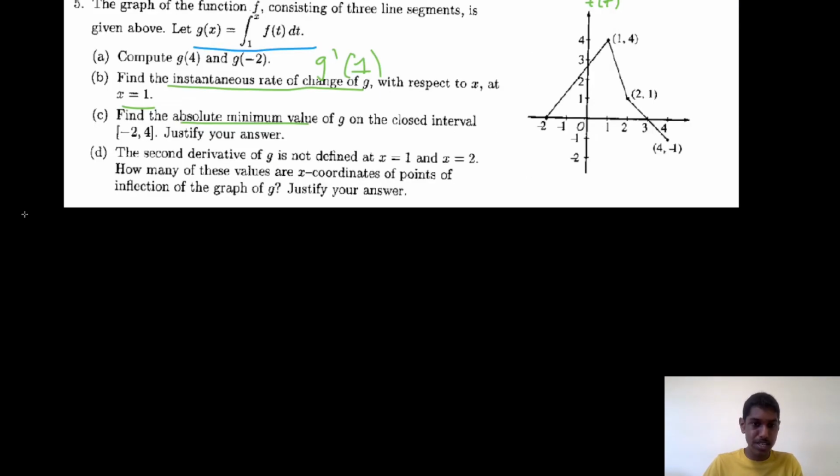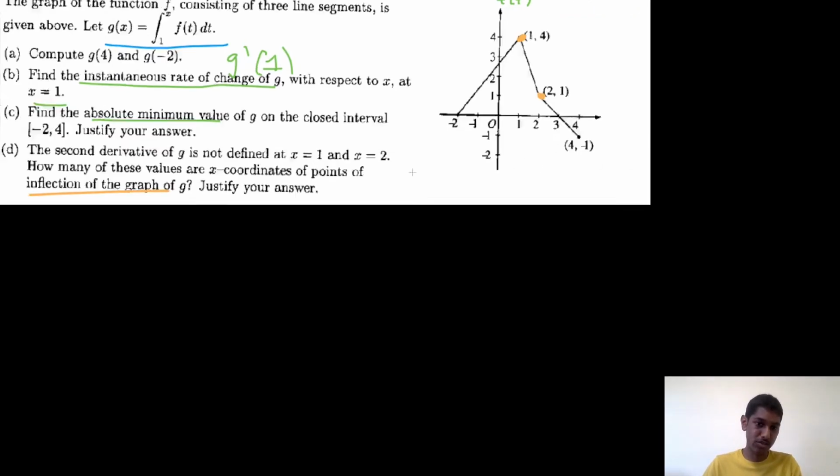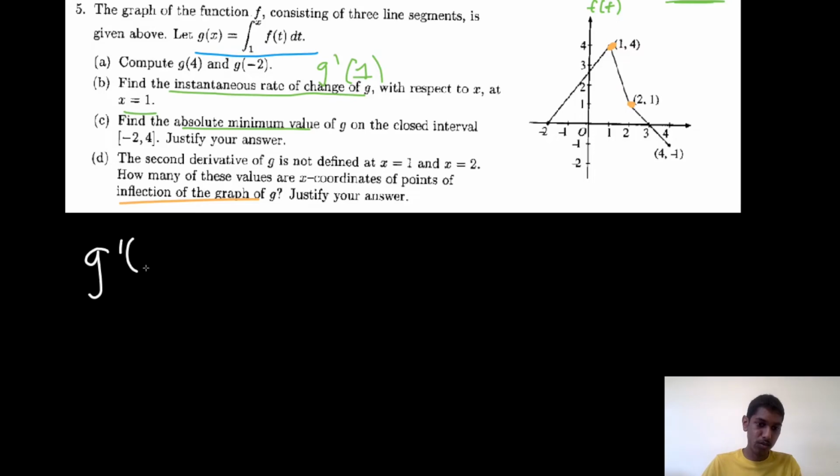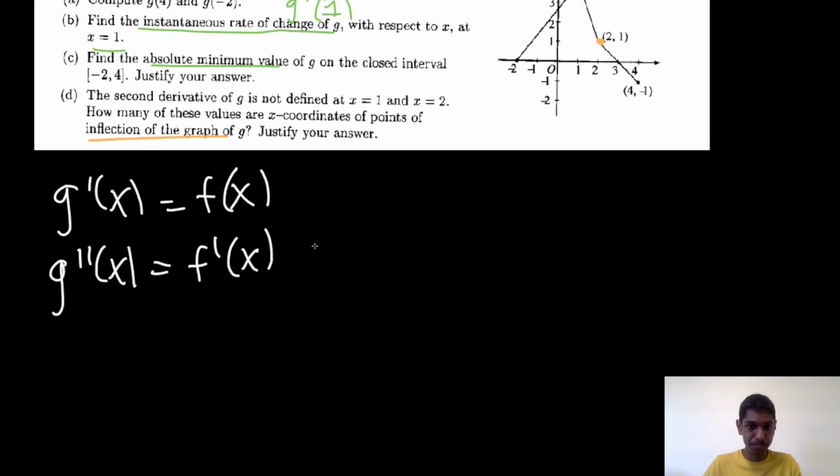So in part D, we're looking at inflection points of g. So which ones of x equals 1 and x equals 2 are inflection points? Well, we know once again that g prime of x equals f of x. So once we differentiate both sides, we can see that g double prime will actually just be f prime.